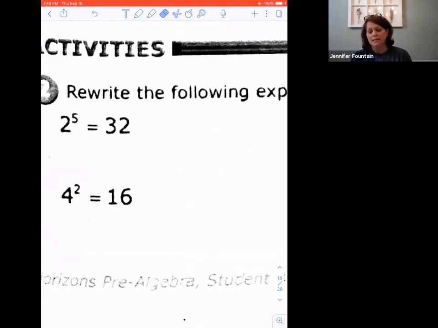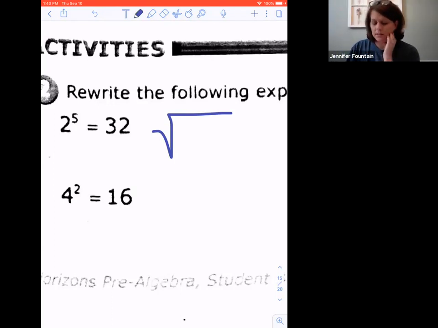How am I going to write this as a root? I'm going to draw my radical symbol. And then what number is going to go underneath my radical? What is going to be my radicand?